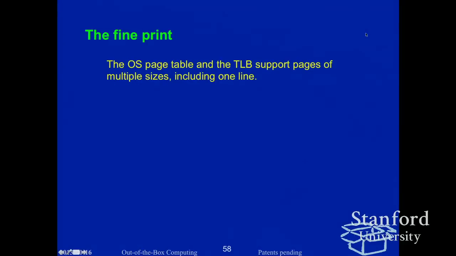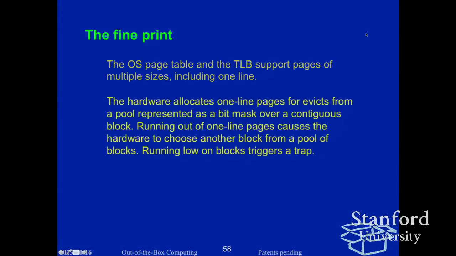Fine print, of course. You knew there was going to be fine print. The way this works, the way the hardware is able to do it, is that we use a hierarchical page table, which is a common mechanism in which you have different sized pages. But uniquely, we support pages which are 1 line long. The hardware allocates out of a bitmap of a bunch of 1-line pages, which are all contiguous. Hardware allocates out of bitmaps real well.